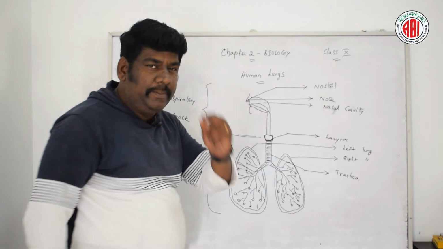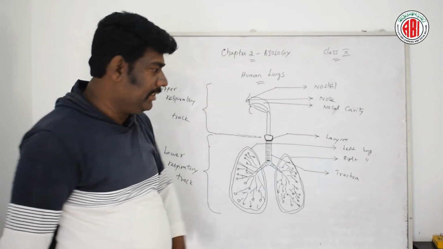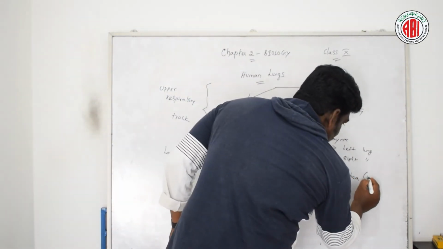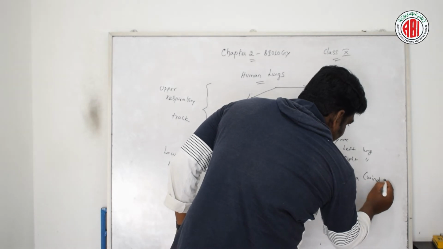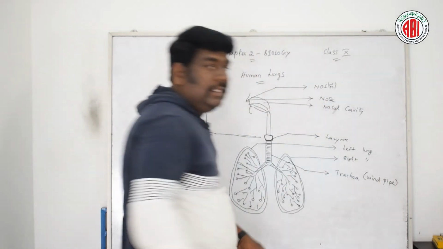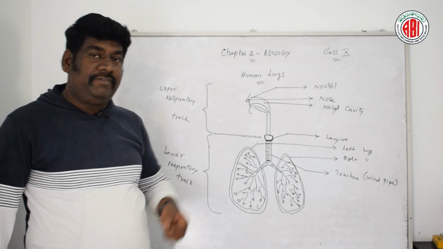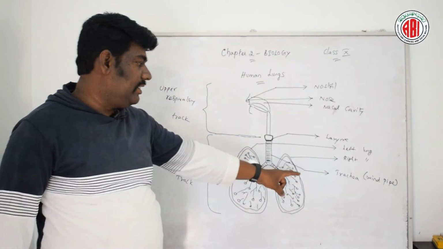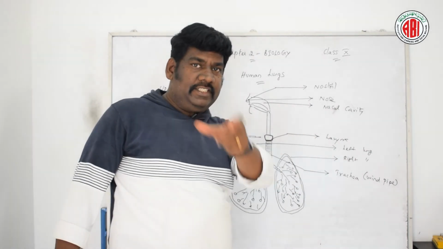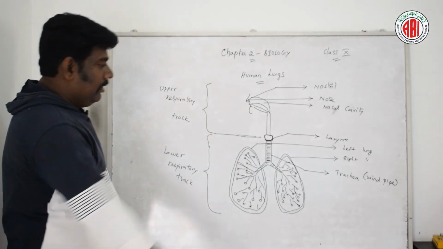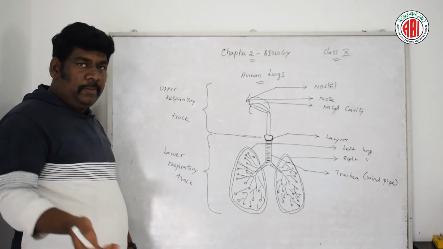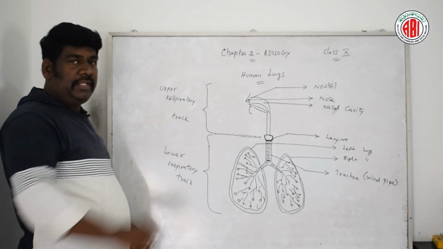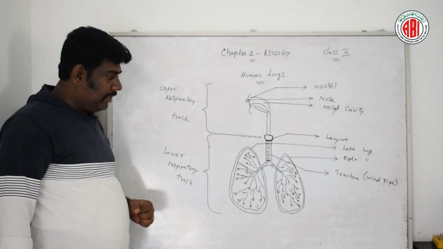Suppose you are unable to mention this name or the spelling, very simple, you can mention it as windpipe. In the first chapter we discussed the food pipe, the esophagus, and this is the trachea, that is called the windpipe. Very easy to remember. If you are unable to pronounce or write trachea, you can write windpipe also, you will get the mark, no problem.